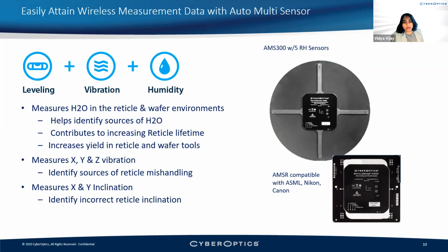There is also the vibration and the inclination. We have this in both wafer and reticle formats. We strive hard to keep it to the wafer size and to the SEMI standards of both weight and size.